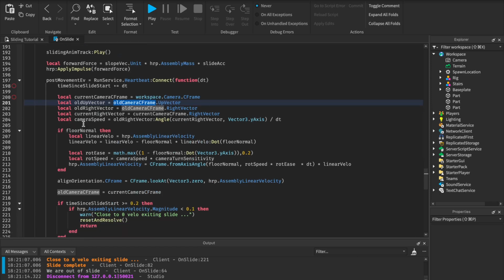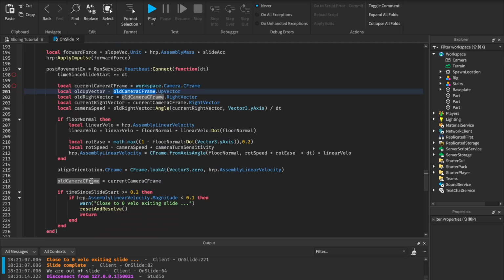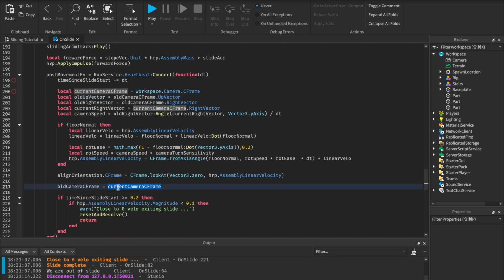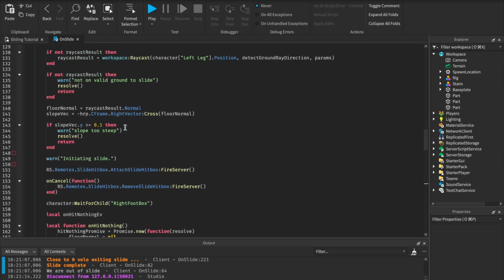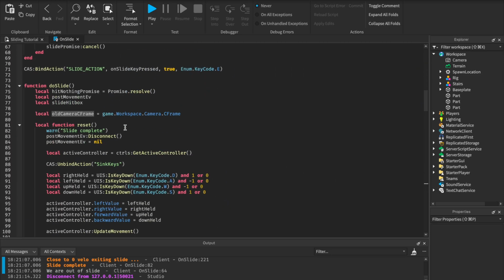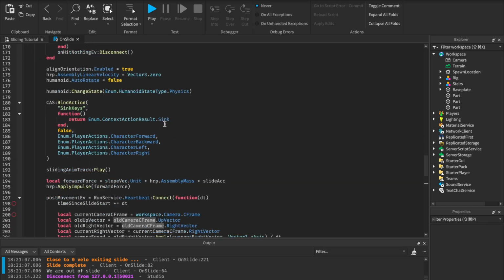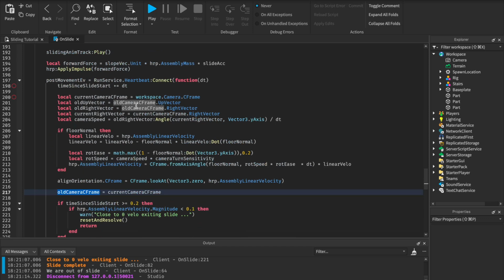And at the end of each frame, we set the old camera CFrame to be the current camera CFrame. The initial value of the old camera CFrame is just the current camera CFrame. So initially they're the same, but give it one frame and then they'll be different.